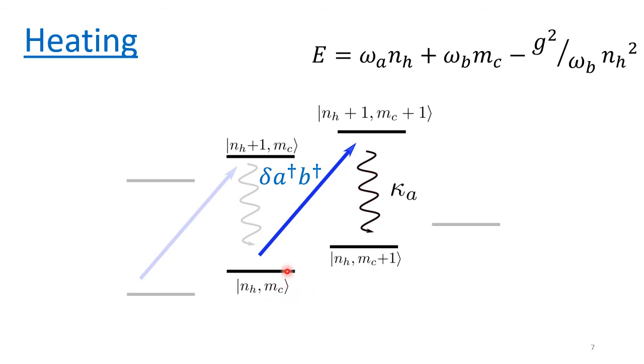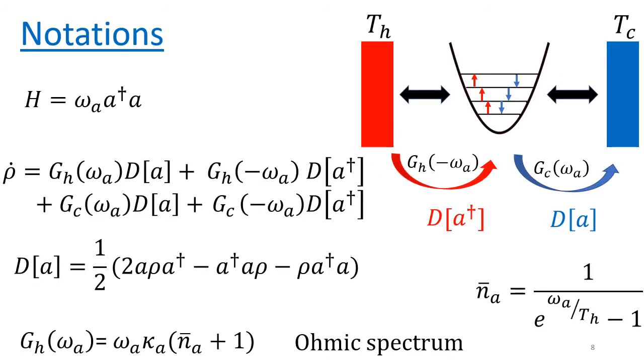So in this way we move up the stairs, and we get heating of the mechanical resonator. So if we have red detuning, or if we pump the cavity on the lower sideband, we get cooling, and if we pump our cavity on the upper sideband, we get heating. This is the message we may want to remember from here.